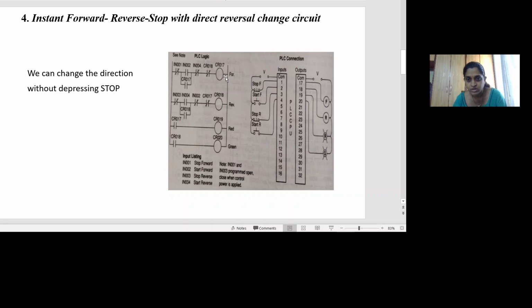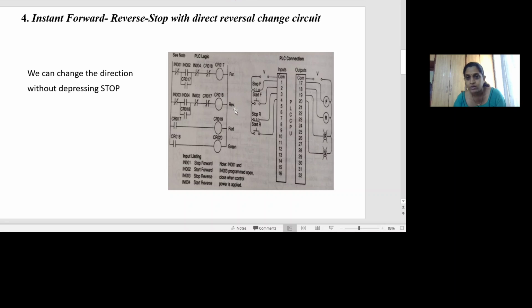Since the forward direction is zero, the output of this is zero. In that case, it will not energize this. Therefore, the CR17 contact remains closed. So there is a connection between the two power rails in rung 2, and this will energize the coil CR018.